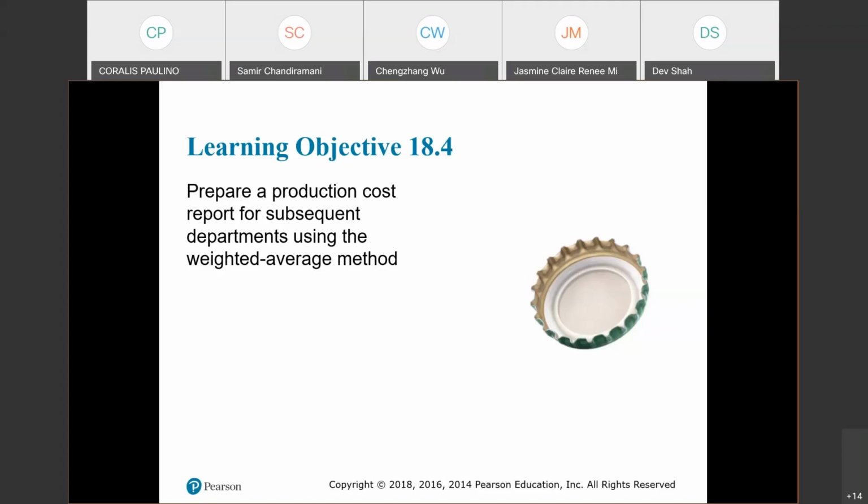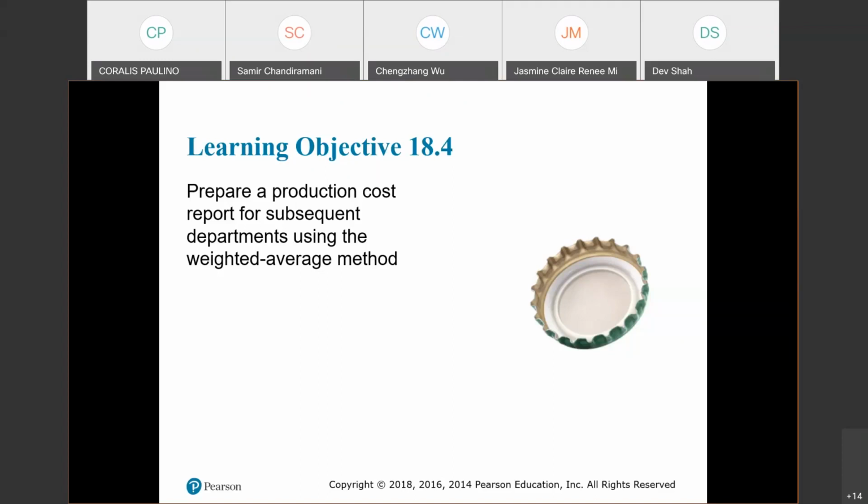Let's assume there are only two departments or two processes in the manufacturing process. For the first department, again, the units can be divided into two parts. First, the units completely finished and transferred out to the next department.